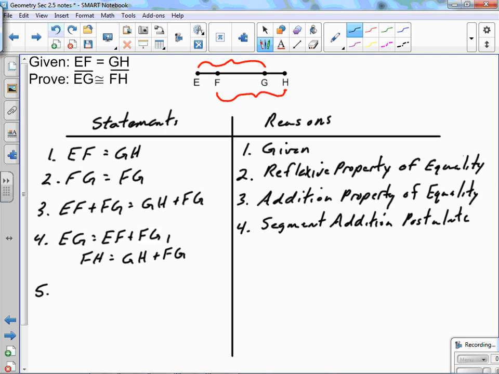That gives me that EG is equal to FH. And to get that, we substituted.